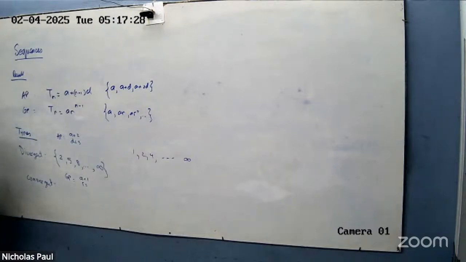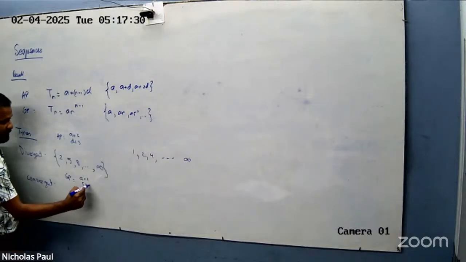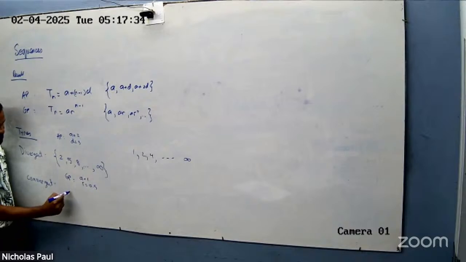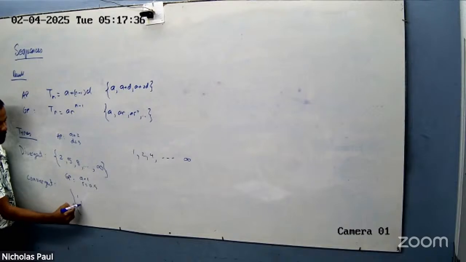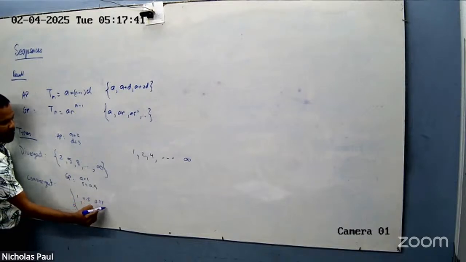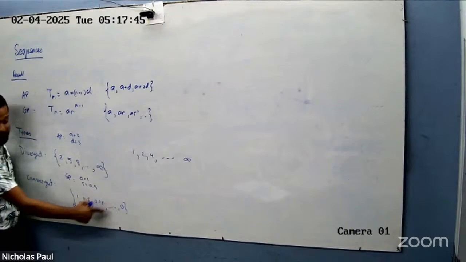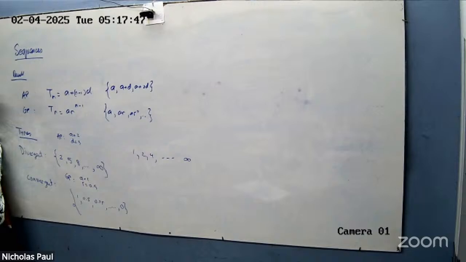What about r as 0.5? If I list out this GP, it will be 1, then a half, then 0.25, all the way down until it reaches 0. So that makes it convergent.